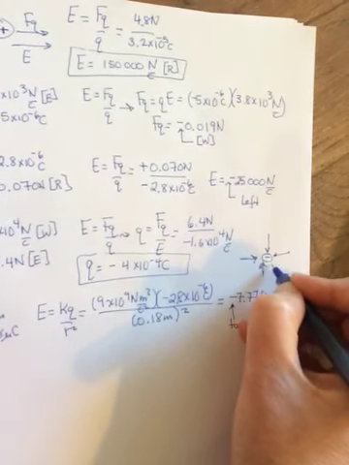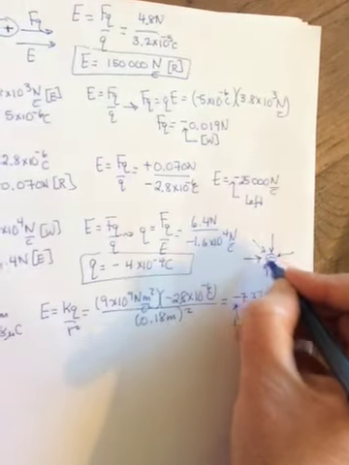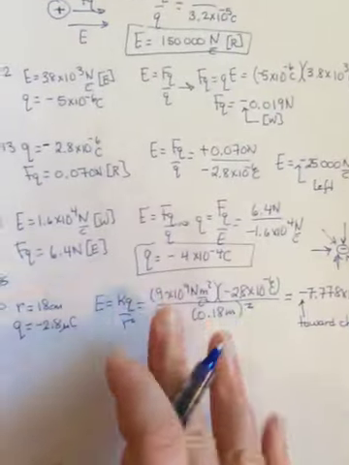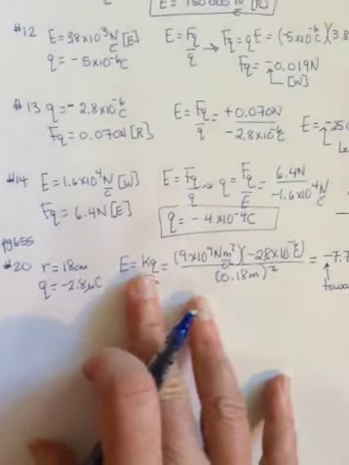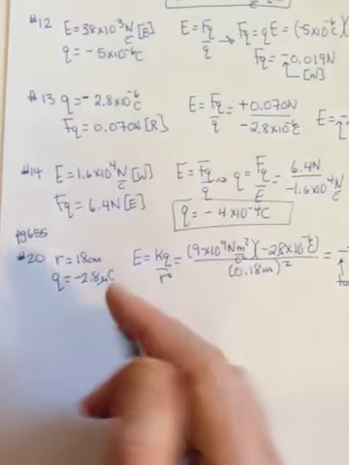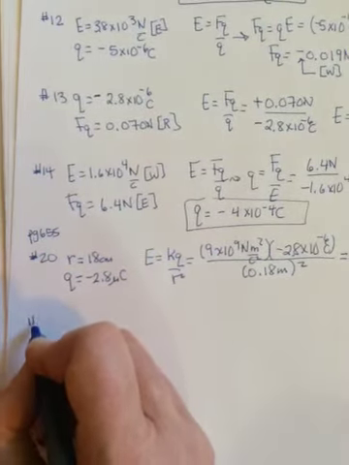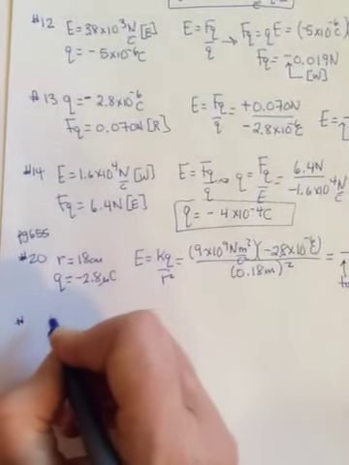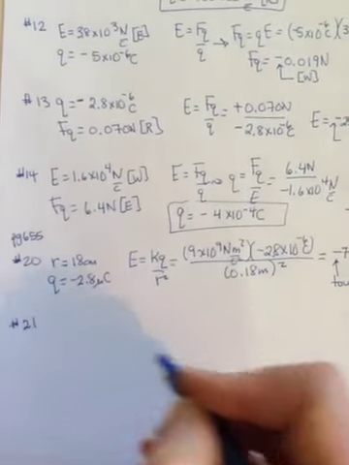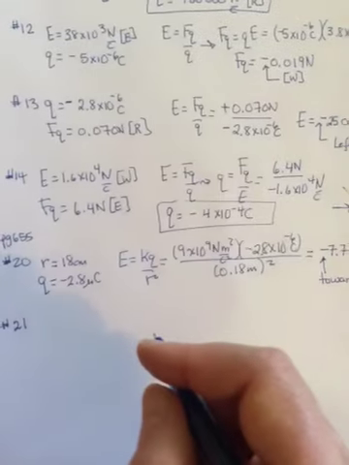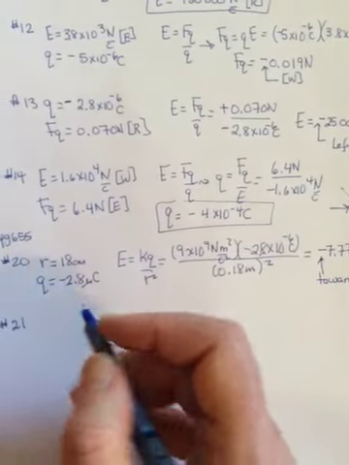Okay, so when you're dealing with the equation that has the Q from the source, the positive and negatives mean towards the central charge, or towards the source, or away from it. Negative means going towards. I also asked you to do number 21, electric field intensity at a point 0.2 meters.